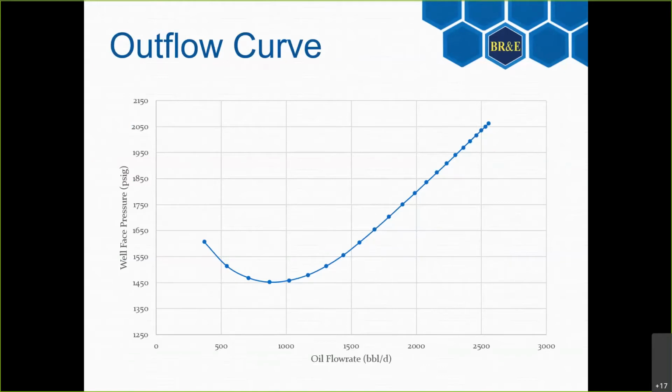You'll see for our outflow curve, for most of the flows that this well is producing under, as you increase the flow through the outflow section, the well face pressure will increase as well, which means we're getting more pressure drop. If you put more oil through a pipeline or production tubing, you're going to get more pressure drop through that tubing, which makes sense, right?